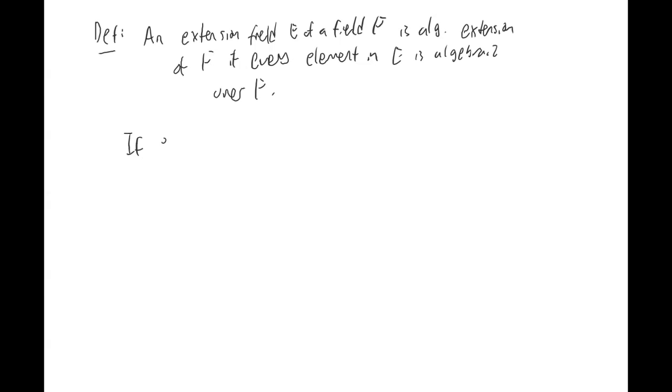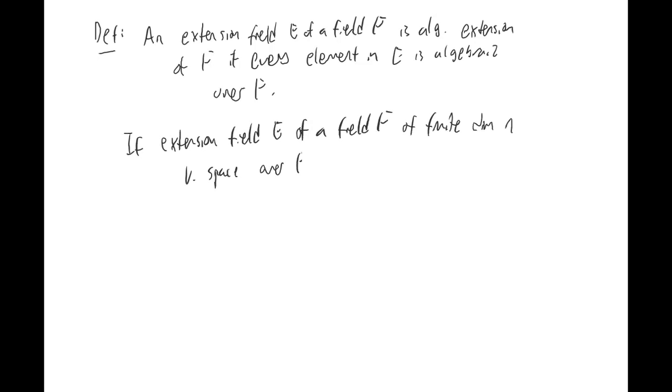And if an extension field E of a field F is a finite dimensional vector space over F, then E is a finite extension of degree n over F. Sorry, grammar's bad.